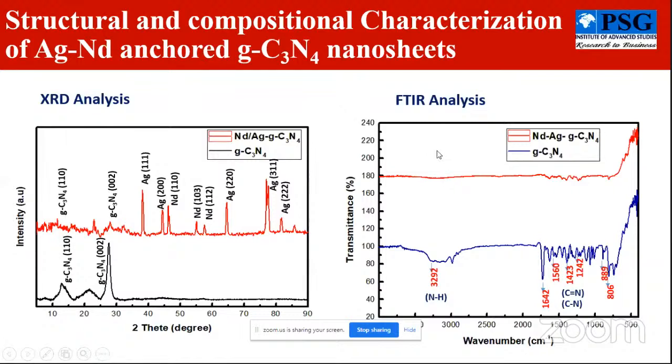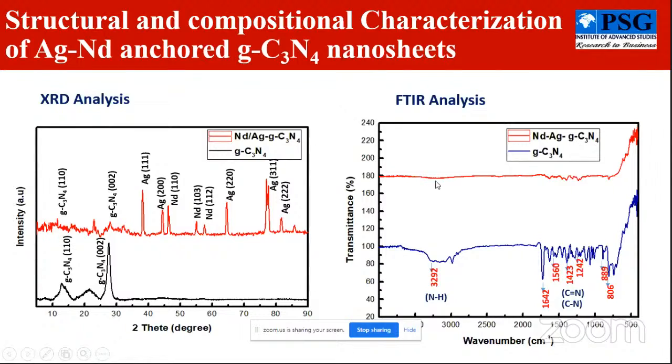Then we have also done the FTIR analysis, and this is the FTIR analysis for graphitic carbon nitride. The peak at 3292 corresponds to the stretching vibration mode of NH2 groups, that is the N-H bond. The peaks from 1242 to 1642 correspond to the C=N and C-N heterocycles of g-C3N4.